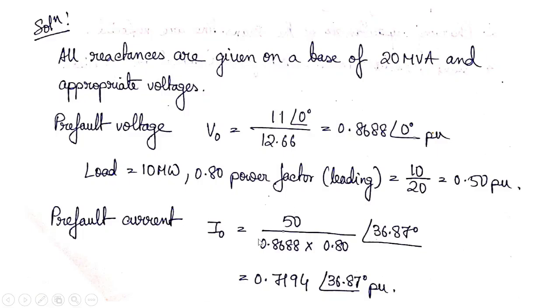Sorry, this will not be equal to 50, this will be equal to 0.50 per unit, megawatt. So 0.50, we have a leading power factor 0.80, which gives us the angle 36.87 degree, and 0.8688 is the terminal voltage at the motor, and this is the 0.80 power factor.